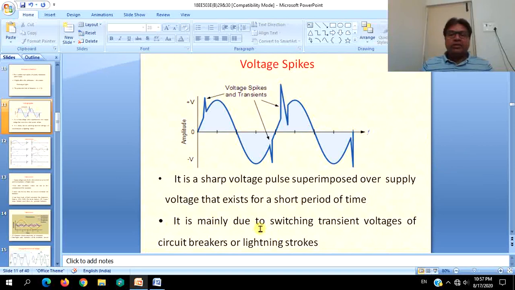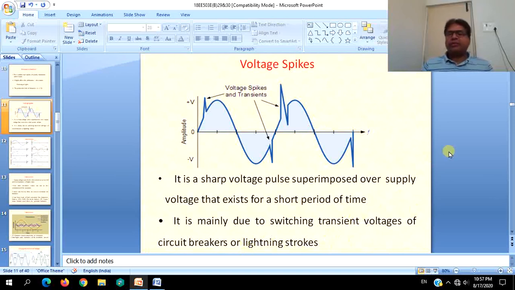It is mainly due to switching transient voltage of circuit breakers or lightning strokes. Switching transient voltage means circuit breakers. Whenever a circuit breaker trips, there is a sudden rise in the voltage as the closed circuit has been opened. So voltage increases abruptly, sharply. That is an internal disturbance due to an internal reason.